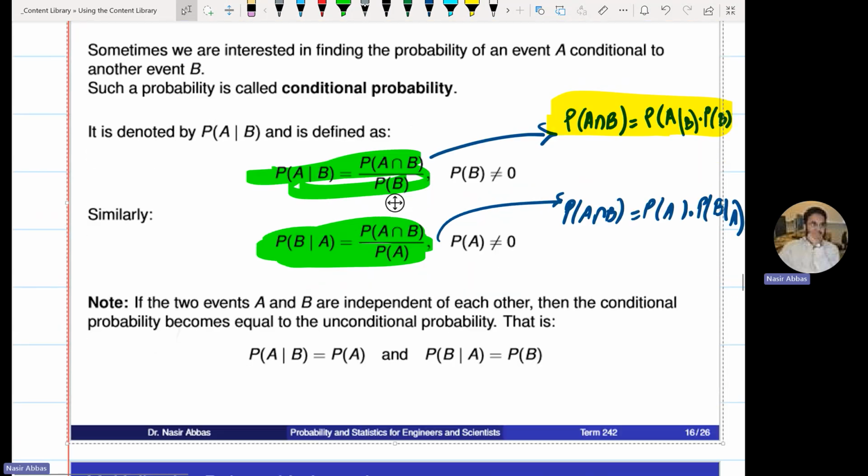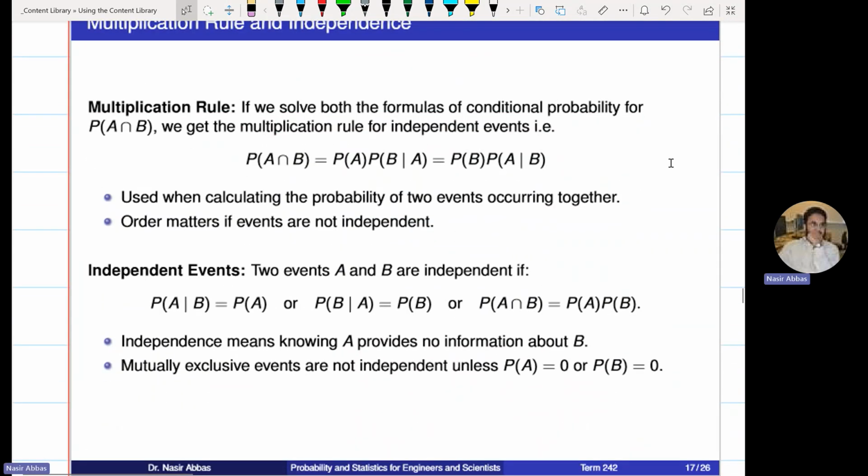let us move forward. And I think I have already covered this slide in my last few sentences. A multiplication rule. If you solve A intersection B from those two formulas, you will get 1 and 2. These two formulas, both of them are correct, but it depends, either A is dependent upon B or B is dependent upon A. So both of them are correct.